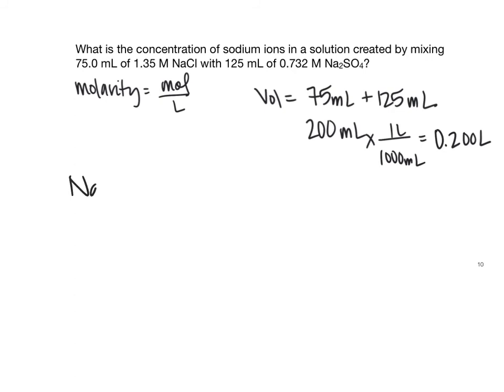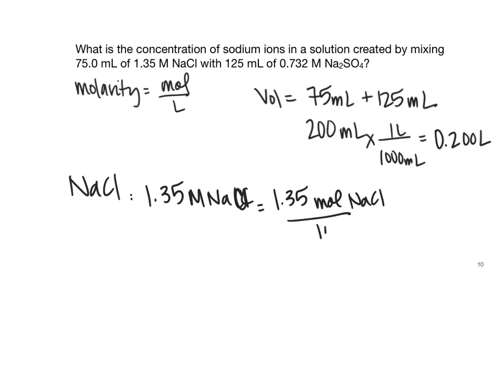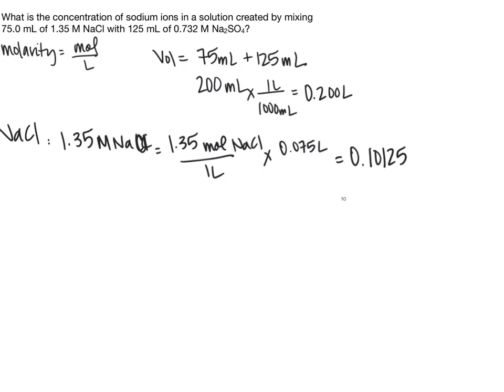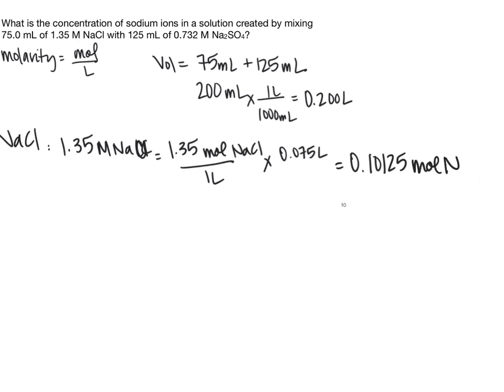For sodium chloride, we have 1.35 molar NaCl, which is equal to 1.35 moles of NaCl in 1 liter, but we only have 0.075 liters. This gives us 0.10125 moles of NaCl.